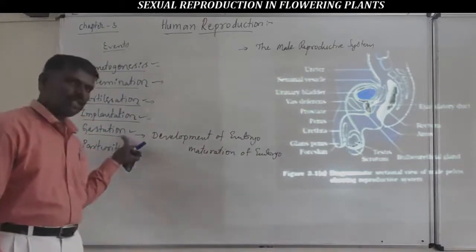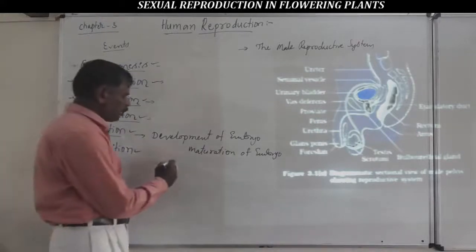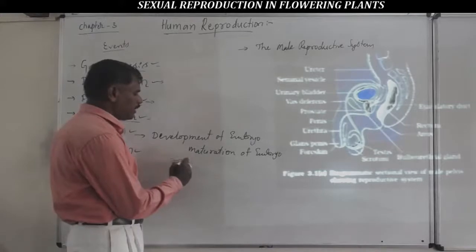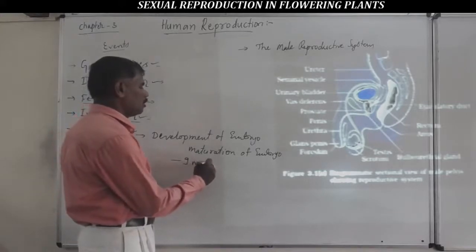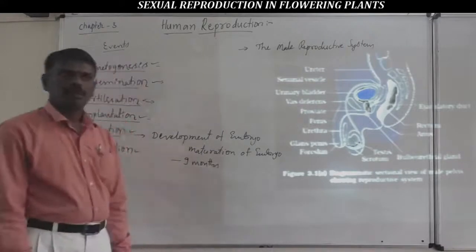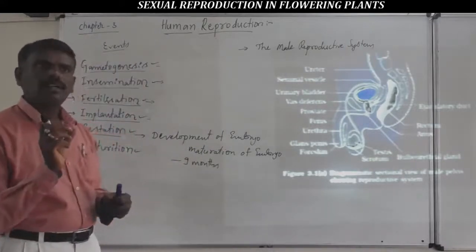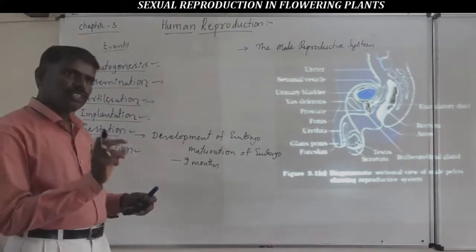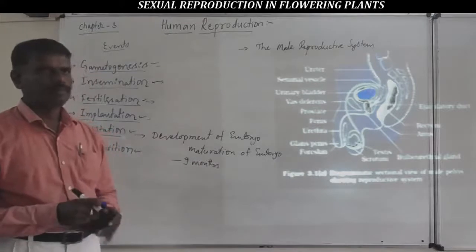This gestation period takes nearly 9 months, from fertilization until the ending of the matured embryo.